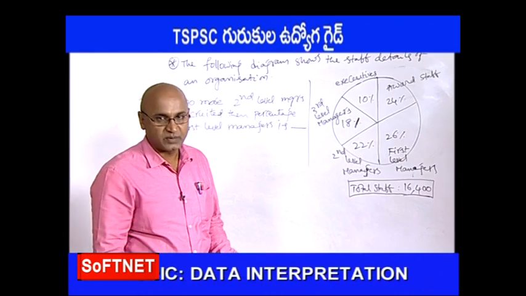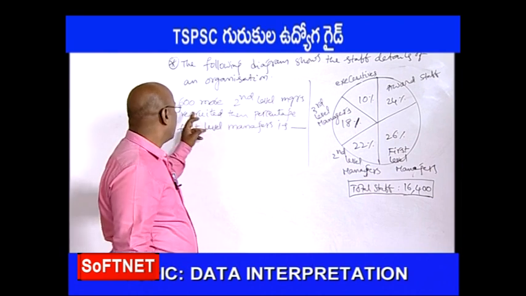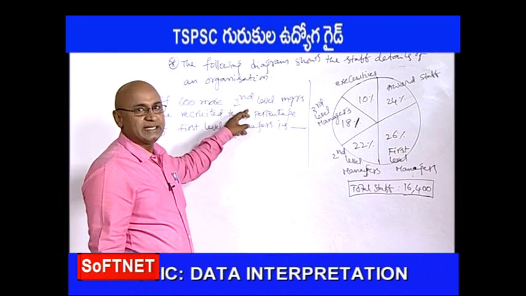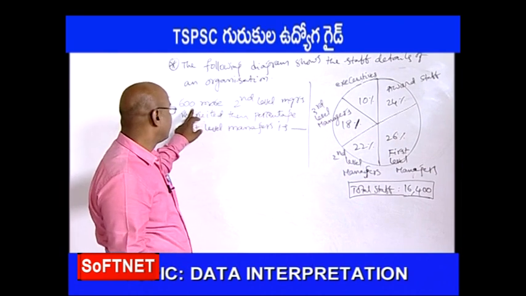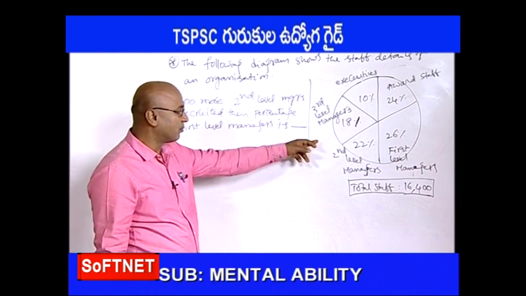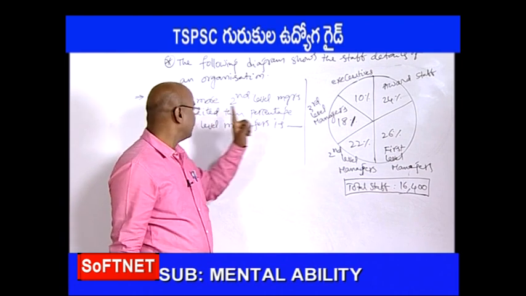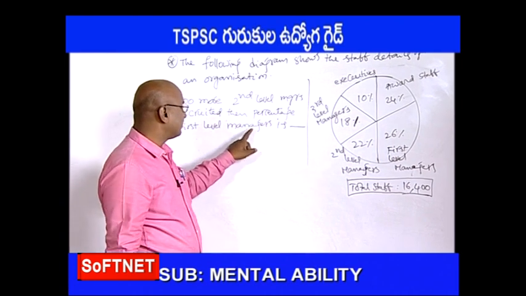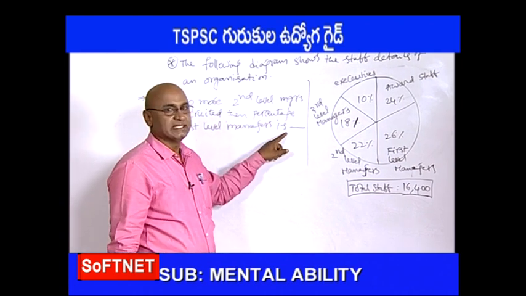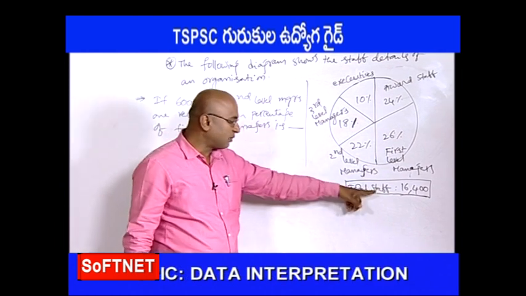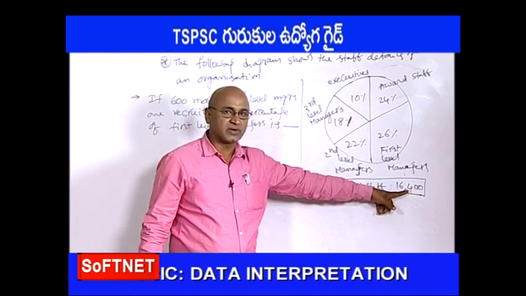The second problem is like this. If 600 more second level managers are recruited, then the percentage of the first level managers is what? There is a change in the problem. The total employees of the organization is 16,400.